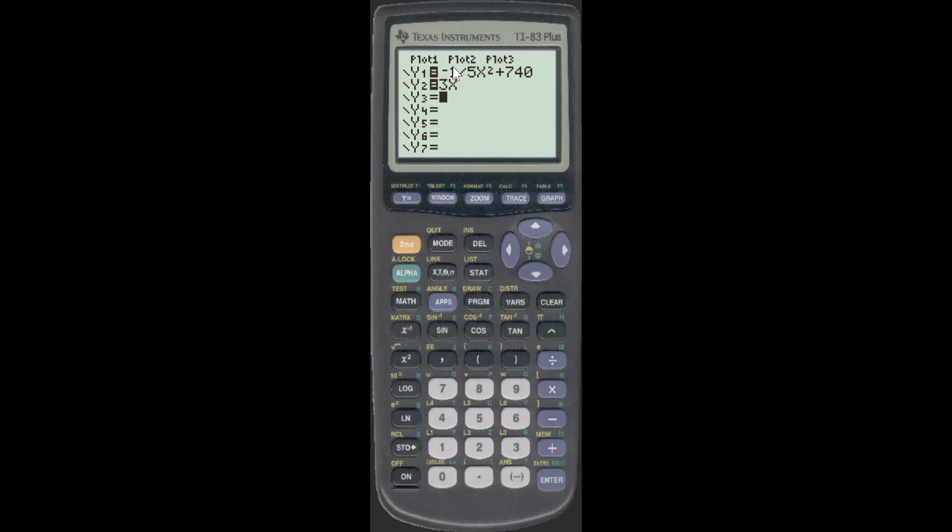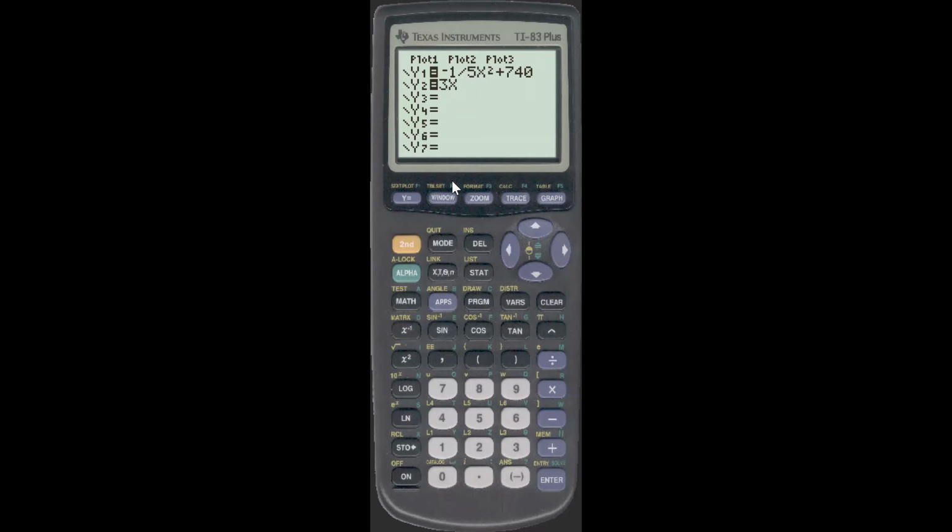You've got to clear those out. It's got to look exactly like it.